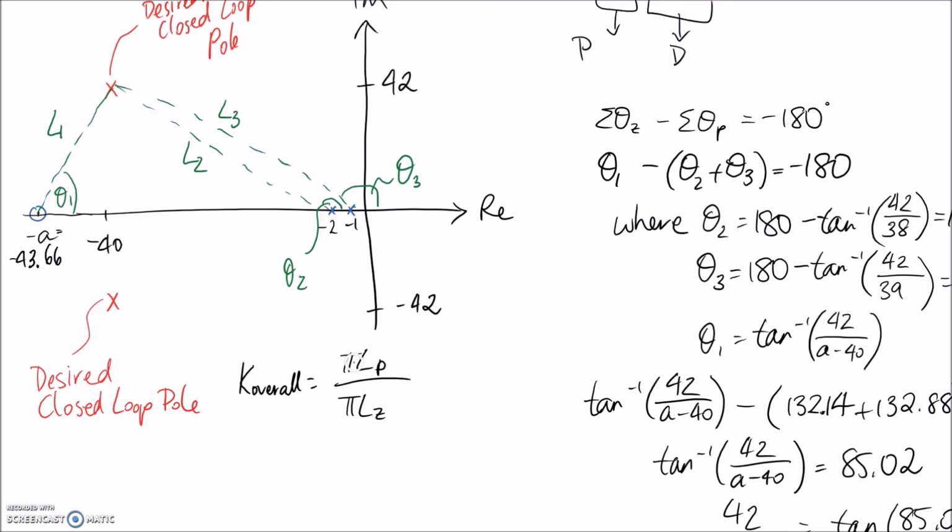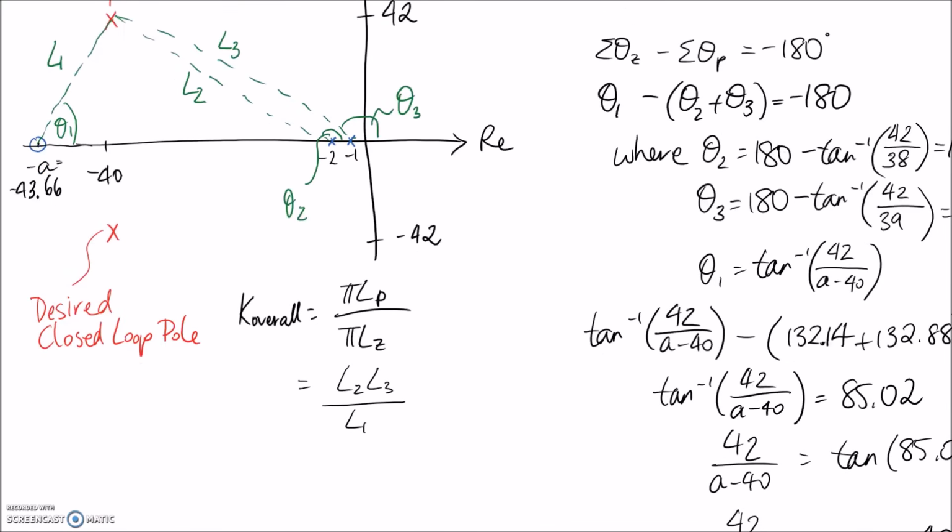We need to multiply the pole lengths on the top, and on the bottom we need to multiply the zero lengths. Replacing with L1, L2 and L3, it's going to be L2 times L3 on the top, and we've only got one zero, which we've called L1. We need to figure out these values, and we should be able to do this using Pythagoras theorem.